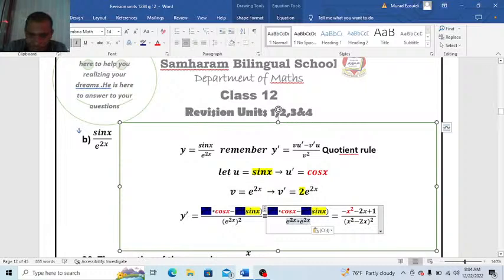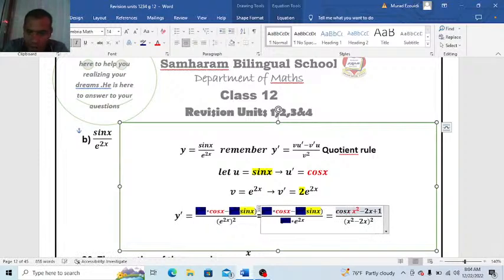So I can cancel this and that with one exponential of 2x. Therefore the last answer is cosine of x minus sine of x.